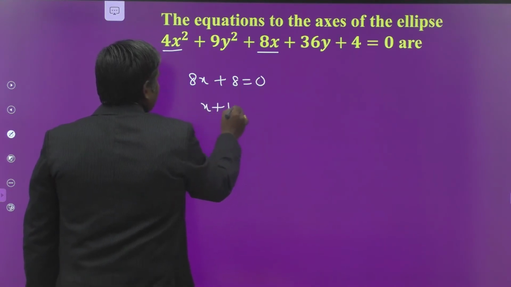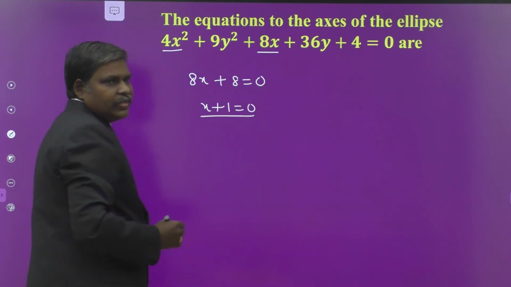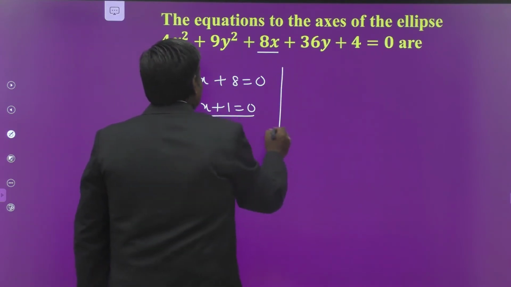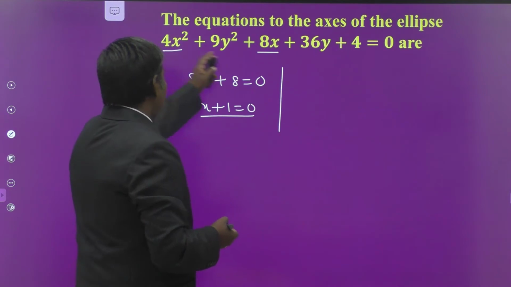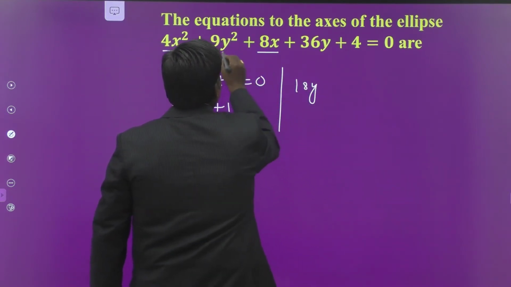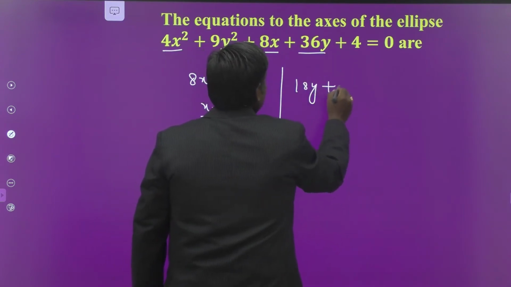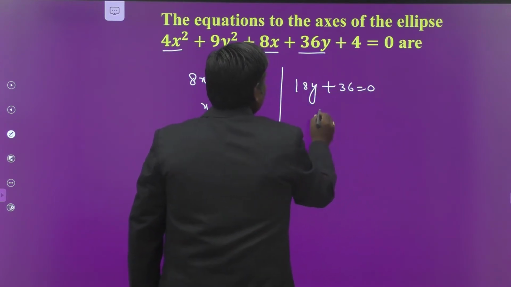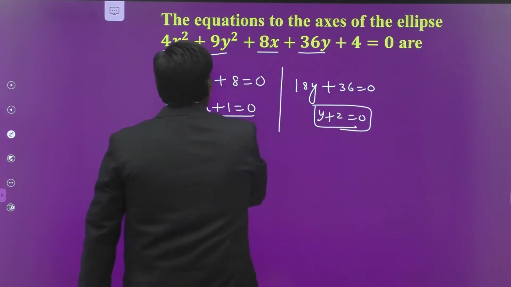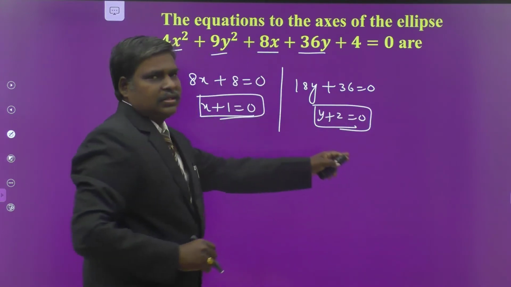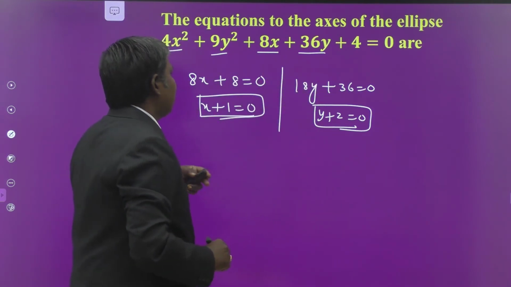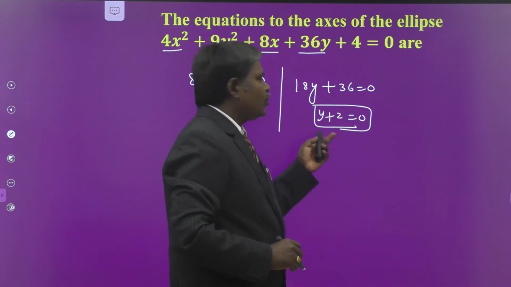So x plus 1 equal to 0 is one of the axes. And another one, partial derivative with respect to y: 18y plus 36 is equal to 0. So y plus 2 equal to 0 is another axis. These are the two axes. Just by doing the partial derivatives with respect to x and y, we have the axes.